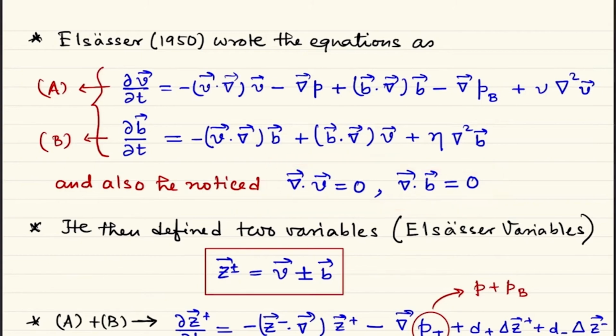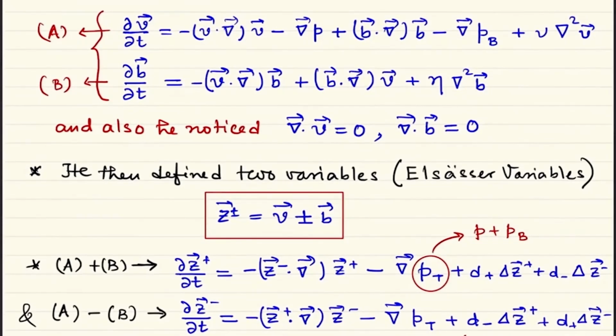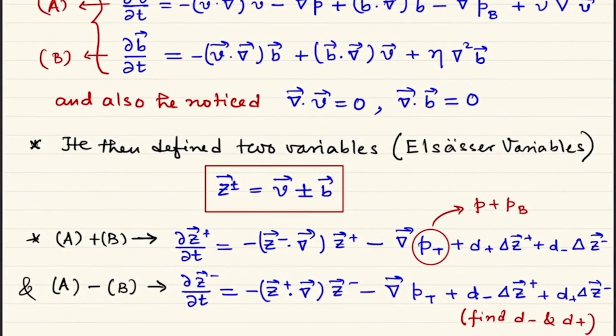Then he wrote the whole set of two equations by redefining a new set of variables called the Elsasser variables, which are nothing but V plus minus small b. Both of them are of dimension of velocity, so Elsasser variables are of the dimension of velocity. So Z plus is nothing but V plus small b, and Z minus is nothing but V minus small b.